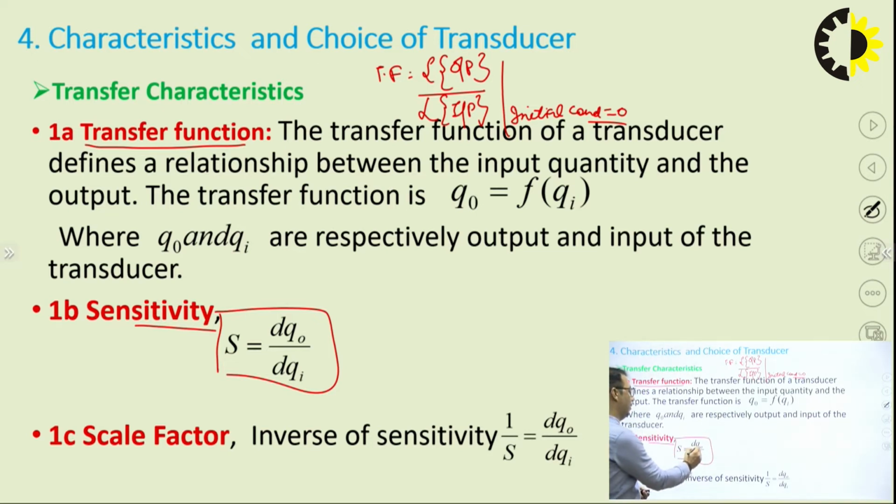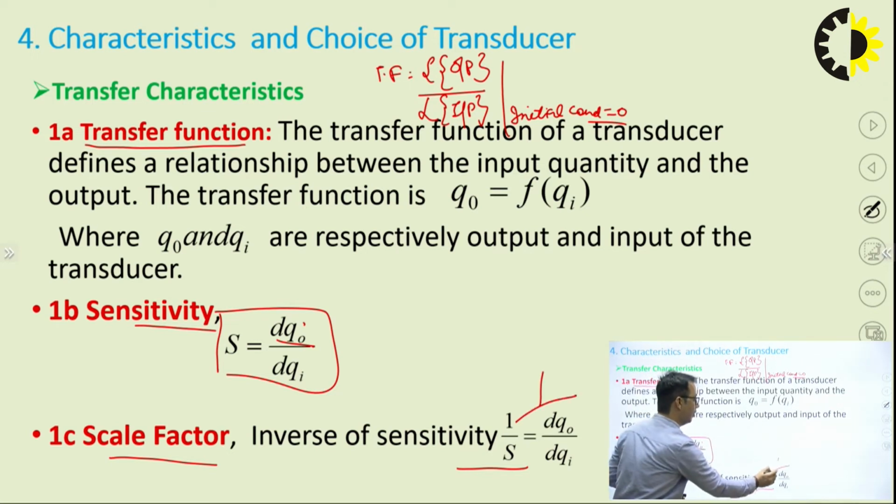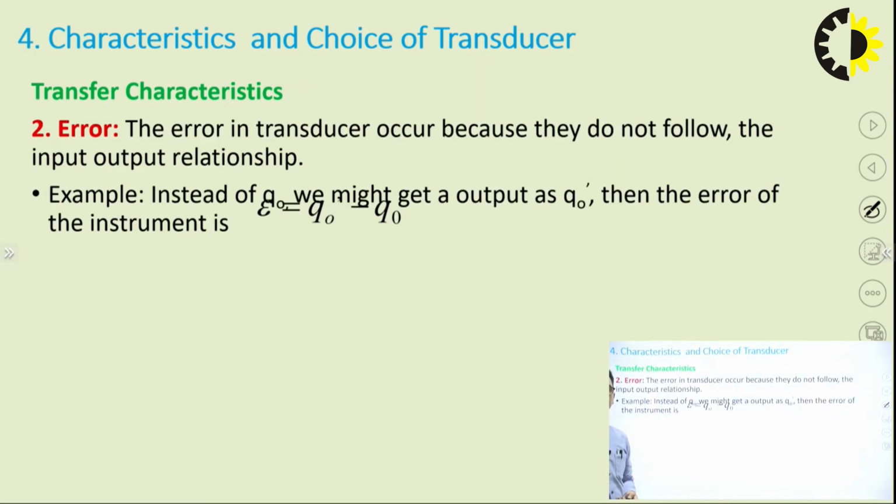This rate of change of output with respect to change in input should be high. On the other hand, the scaling factor is the inverse of sensitivity, that is 1 upon S, which becomes 1 upon dq0 upon dqi.